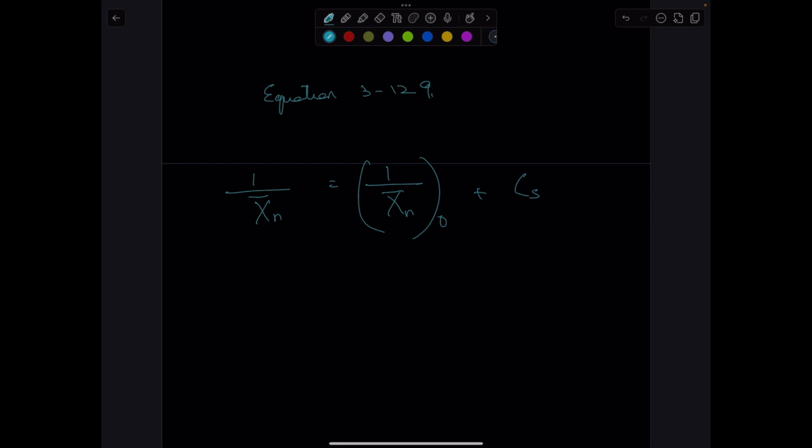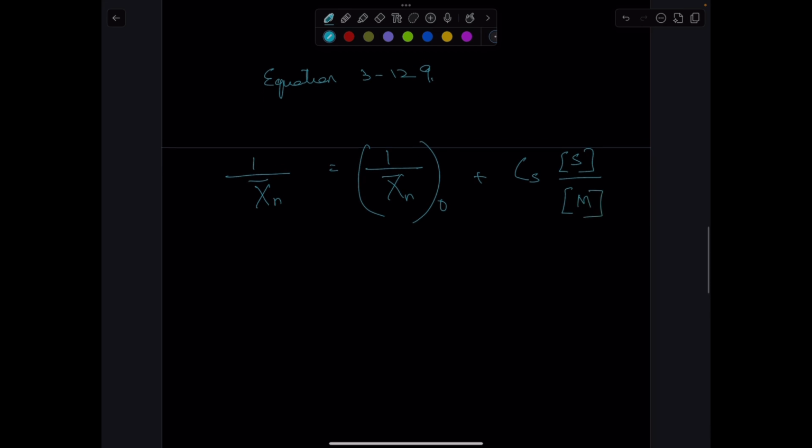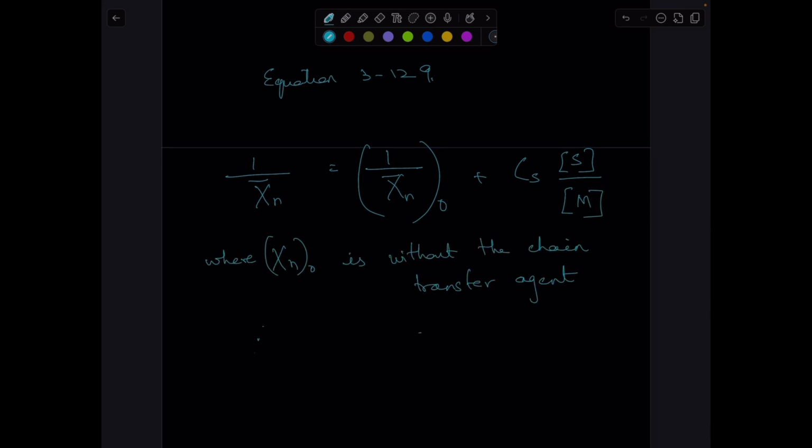For the second part, we can use equation 3-129, which is 1 over Xn bar equals 1 over Xn bar 0 plus Cs times concentration of S over concentration of monomer, where Xn 0 is without the chain transfer agent and Xn is with chain transfer agent.